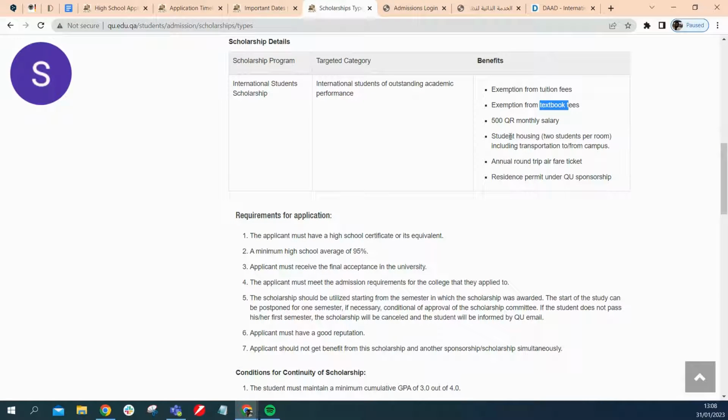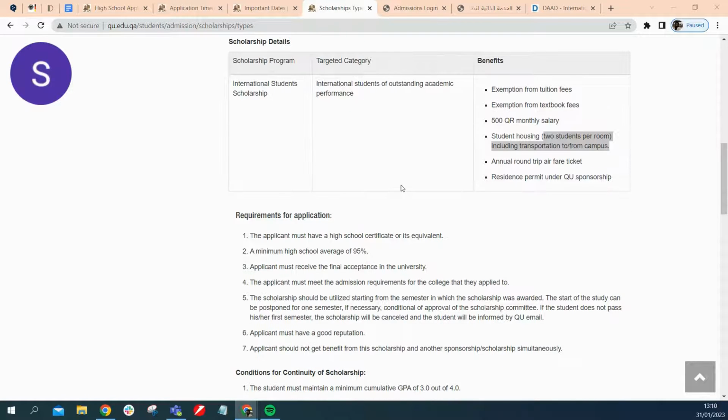Wow. And also you get student housing, two students per room, including transportation to and from campus. Oh wow. Annual round trip airfare tickets, residence permits under sponsorship. This is interesting.